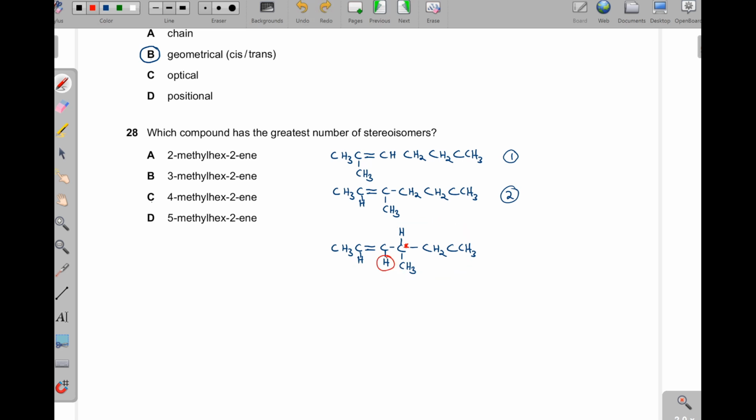They are different. Just as this carbon here is connected to the methyl and then the hydrogen, which are also different. So we are going to have cis trans here, and then we are also going to have optical isomerism here. So altogether, this one is going to give us 4.